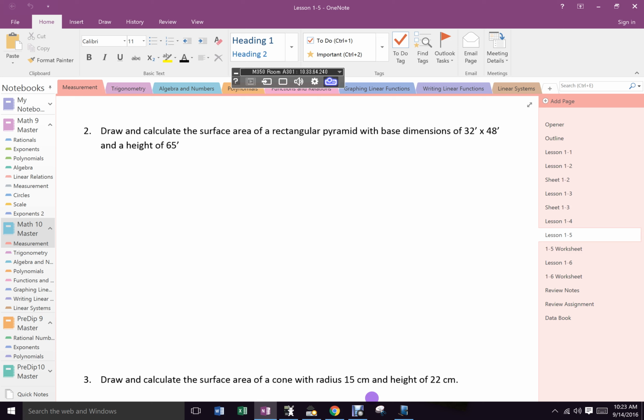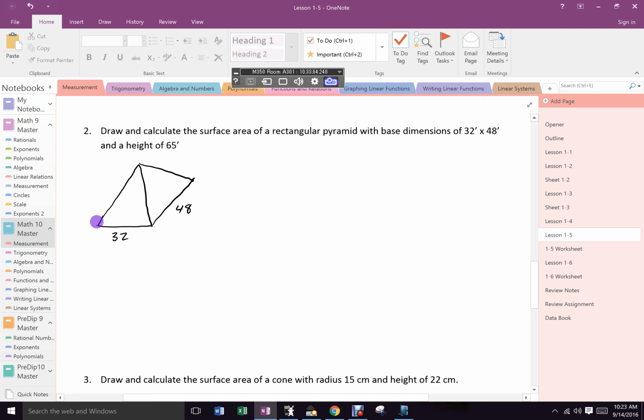A rectangle. That's why it's called a rectangular pyramid. So it's going to be 32 by 48, yes? And it's going to have that triangle and that triangle. Is everybody cool?